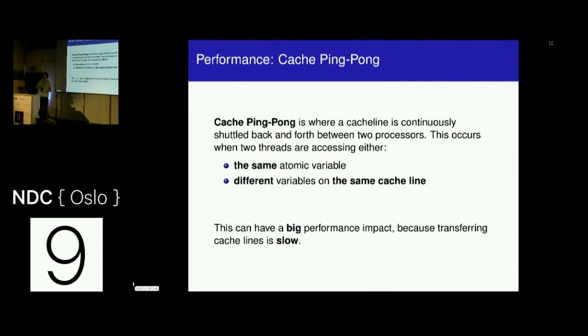Now, this can happen if you've got the same atomic variable that you're doing, or alternatively others on the same cache line, and that can be a big issue because cache lines might be 64 or 128 bytes. So if you've got a load of atomic ints right next to each other, then actually they're all on the same cache line, and you might end up having performance issues with that.